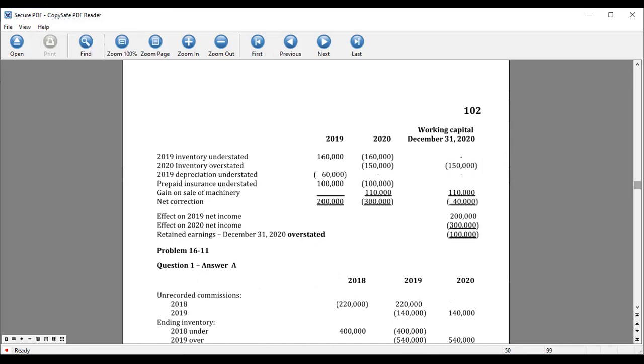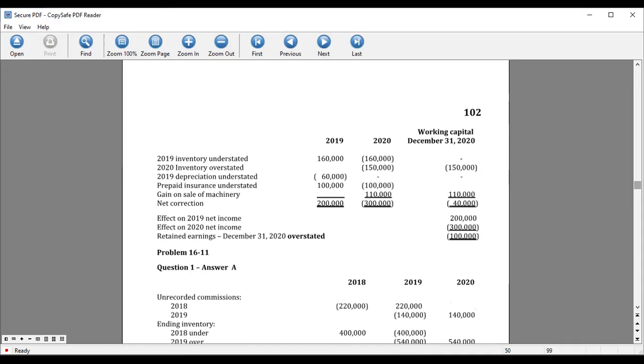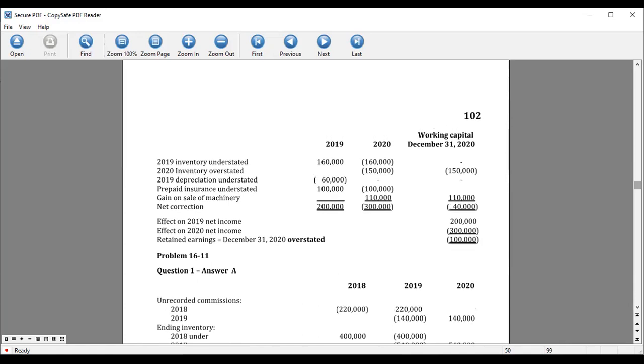So you only need to debit cash and credit no appropriate account. However, what was credited was machinery. So you only debited cash and credited machinery.